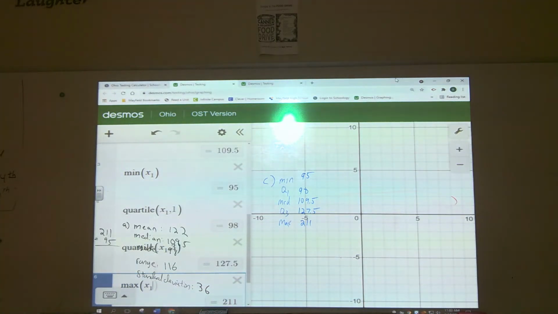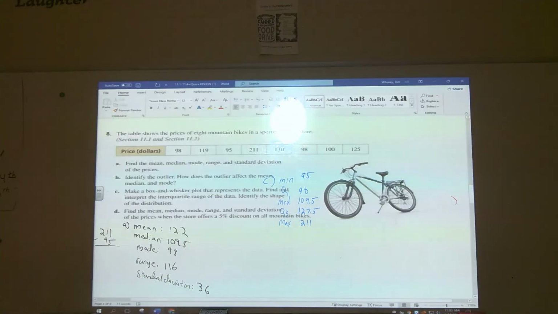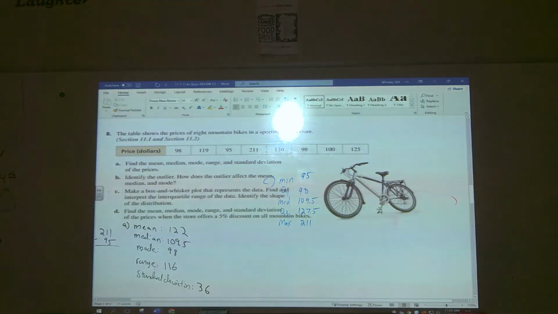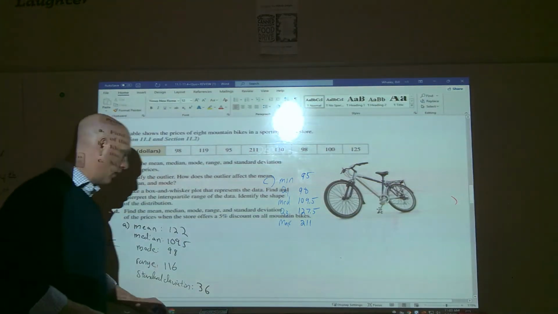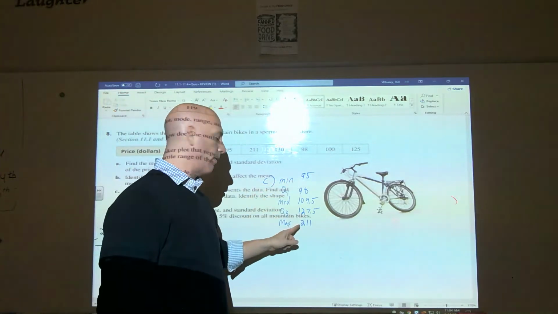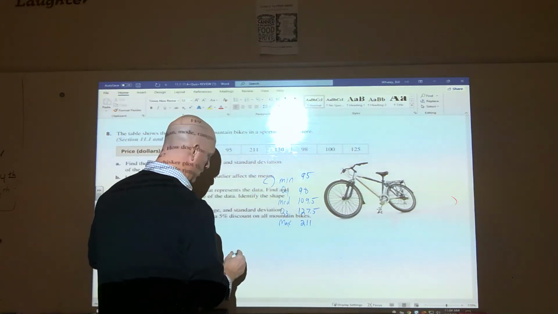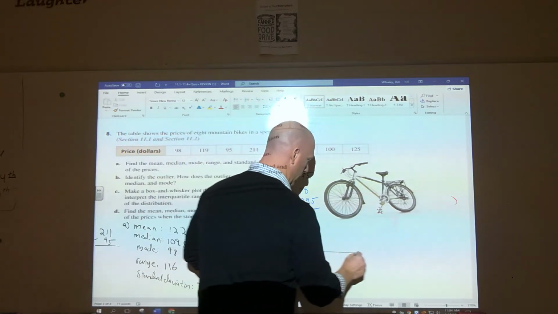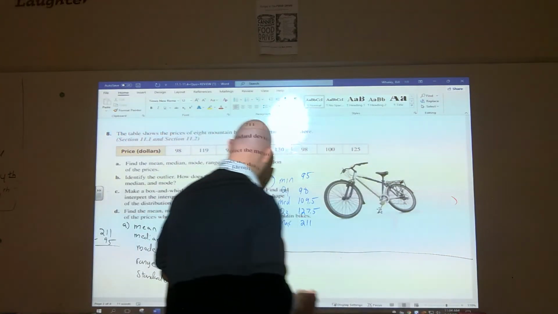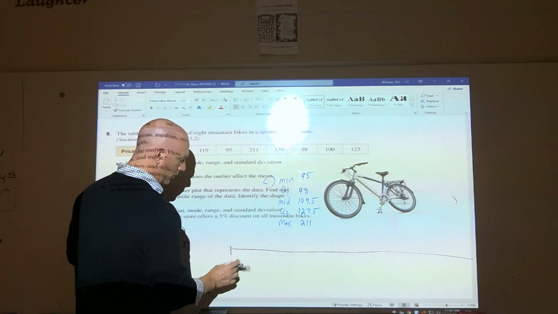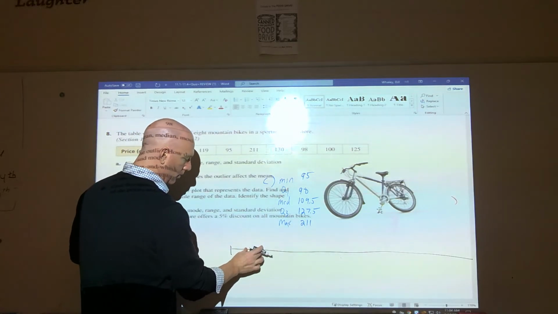Now we've already gone over how to do box and whisker plots, but we can do one more. If my minimum is 95 and my maximum is 211, going by 10 seems to be appropriate again. So I'm just going to draw a long line and go by equal tick marks, try to make them pretty equal.